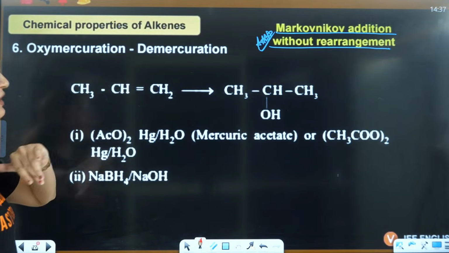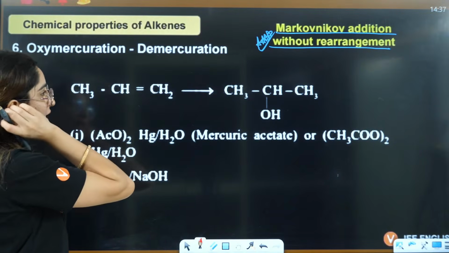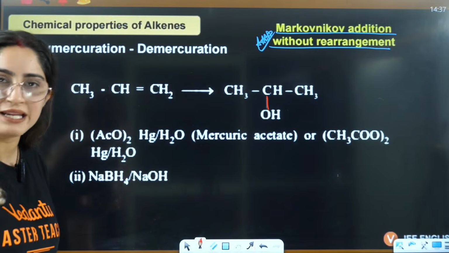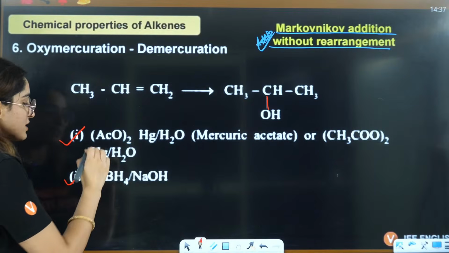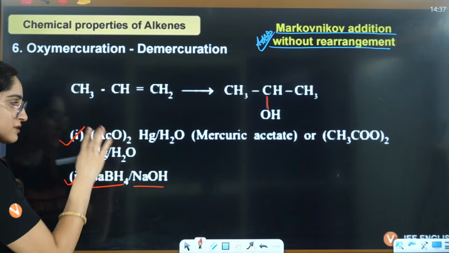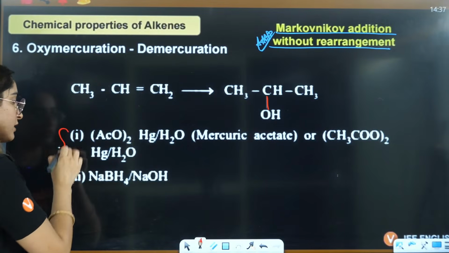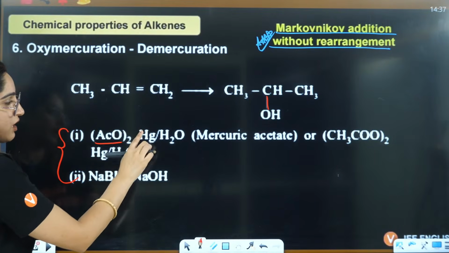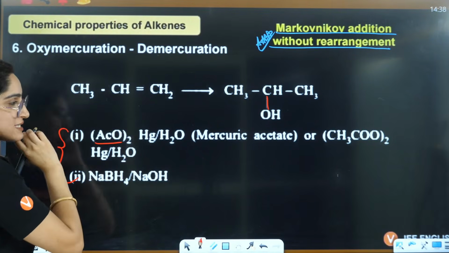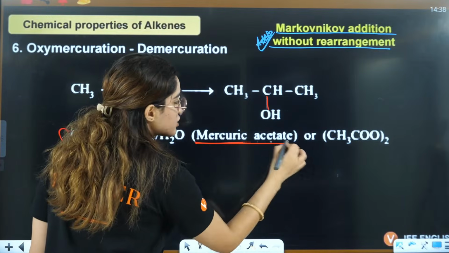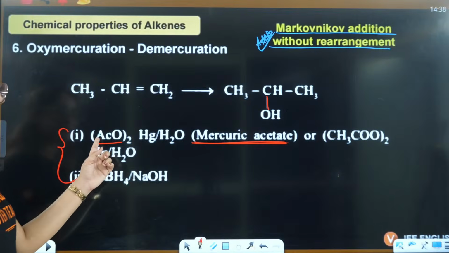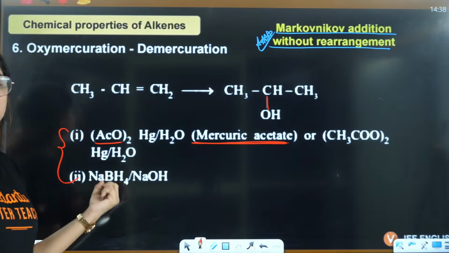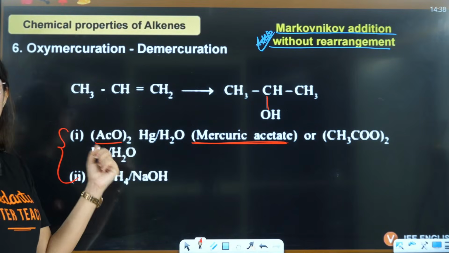In oxymercuration-demercuration, guys, you have this alkene, which directly forms the Markovnikov addition product without any rearrangement. The reagents are mercuric acetate, CH3COO twice Hg, with water, and then NaBH4 with NaOH. The first step is the oxymercuration step.